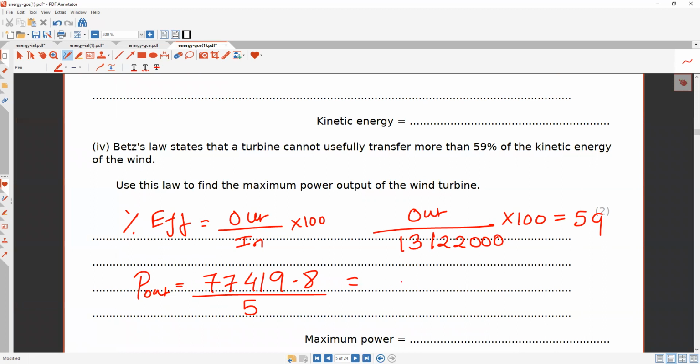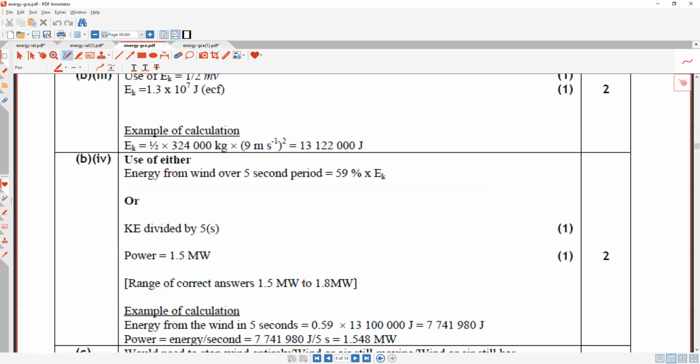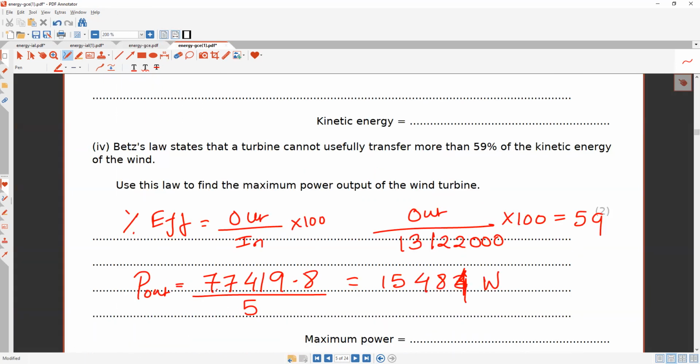Mega is 10 to the power 6, right? How did they get mega over here? That's what I want to know. 7741980.